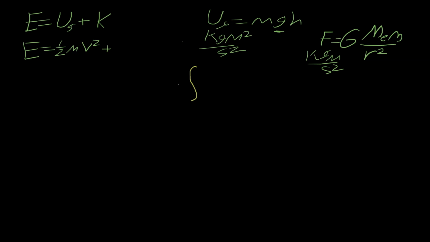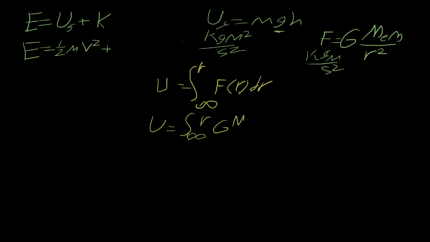So let's start by writing our integral. It's going to go from infinity, out in space, to our radius, which is the distance from the center of the Earth to our satellite, and then we take the integral of our force with respect to the radius, dr. Now let's plug in the function we're going to integrate, which is G, our gravity constant, times the masses big M times little m, over r squared.